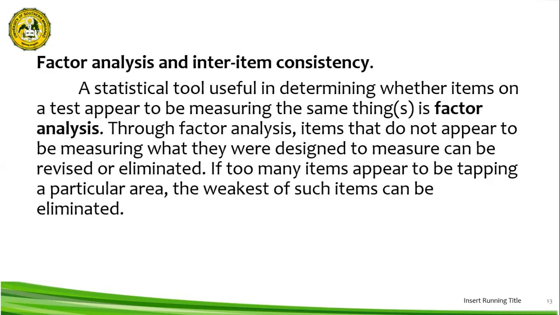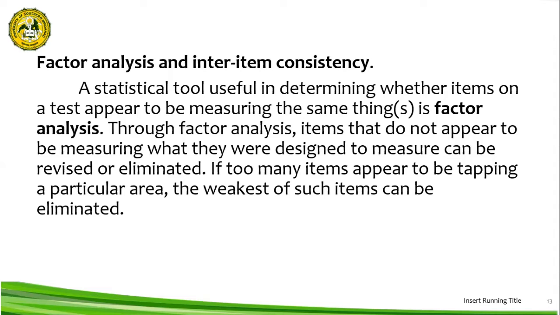So, factor analysis and inter-item consistency. Another way of knowing the inter-item consistency is through factor analysis. It is a statistical tool useful in determining whether items on a test appear to be measuring the same things. Through factor analysis, items that do not appear to be measuring what they were designed to measure can be revised or eliminated.